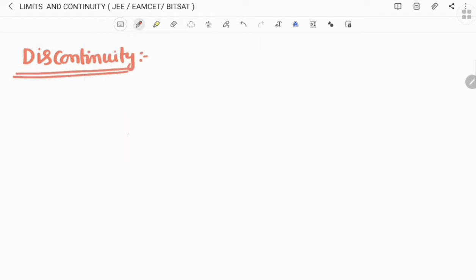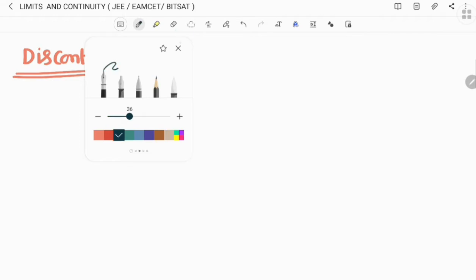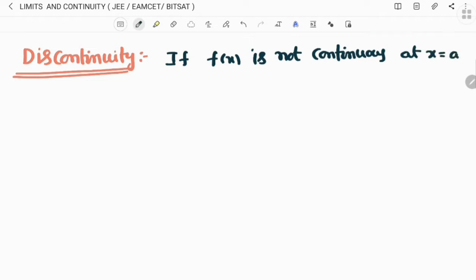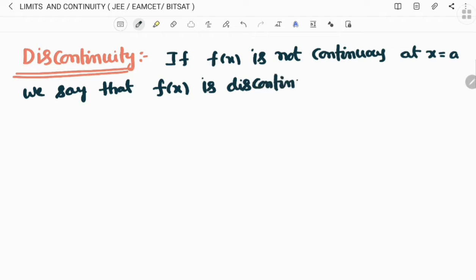If f of x is not continuous at x is equal to a, we say that f of x is discontinuous at x is equal to a.